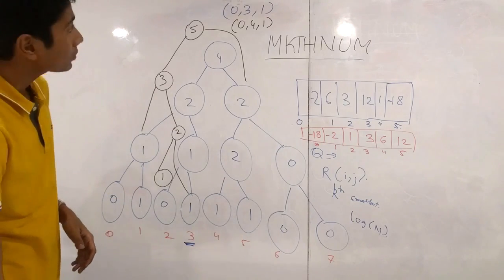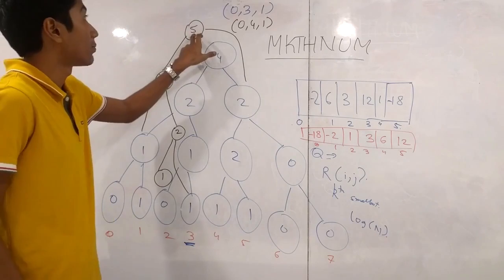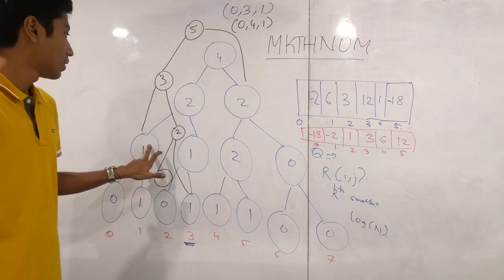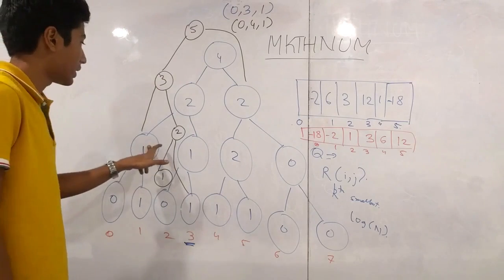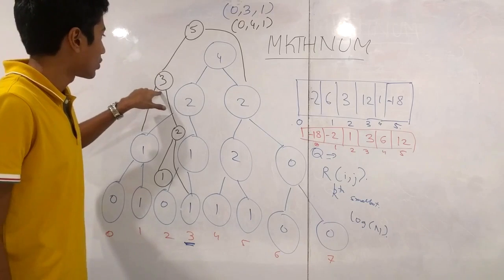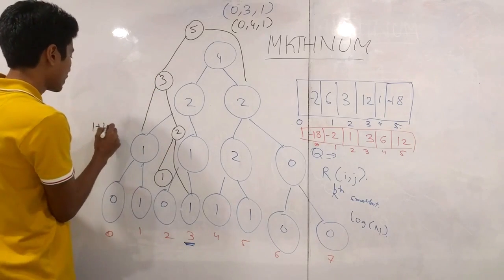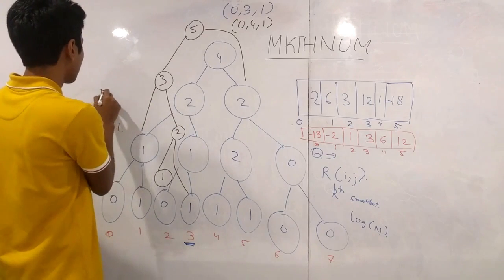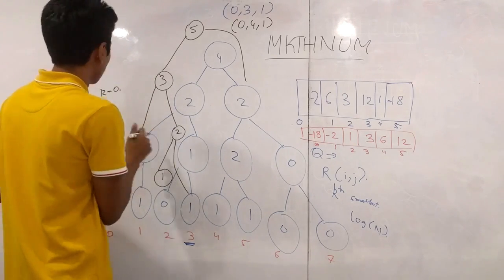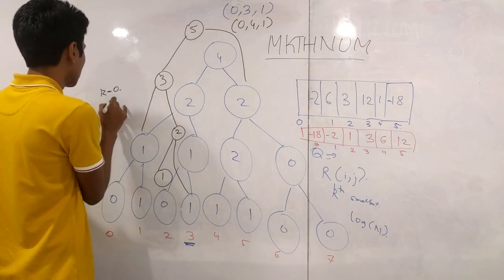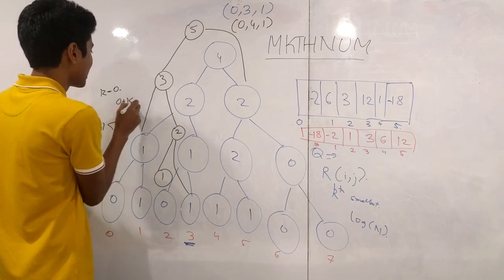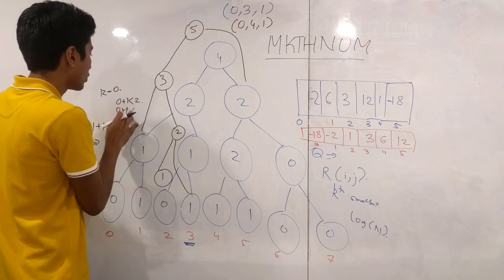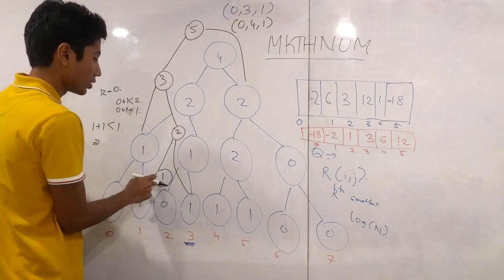For the second query, 1 plus 1 is less than 5. 1 plus 1 is less than 5, 1 plus 1 is still less than 3, so we go over here, and 1 plus 1 is of course greater than 1, so we go back to the root, update that value. 1 plus 1 is less than 1, so the value is updated by 1, so k becomes 0, we are looking over here at 2. 0 plus 1 is less than 2, so we go down to the left, 0 plus 1 is exactly equal to 1, so we go to the rightmost child.